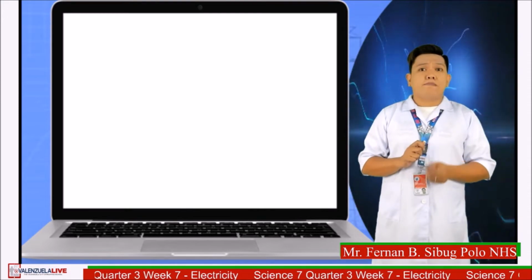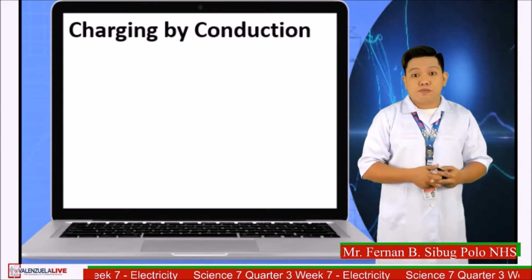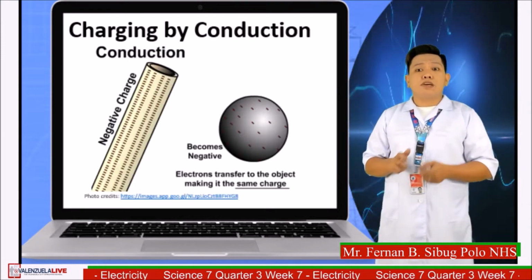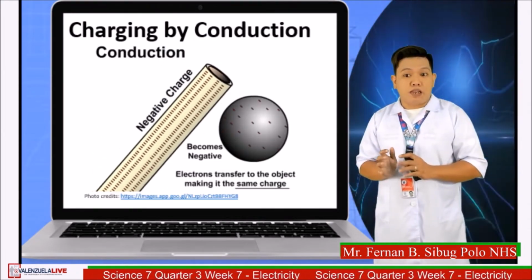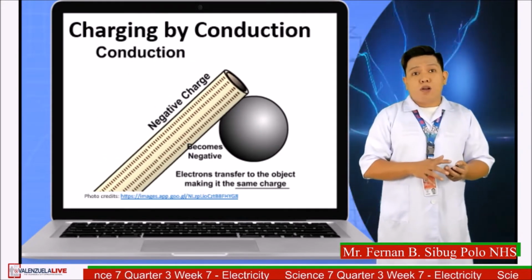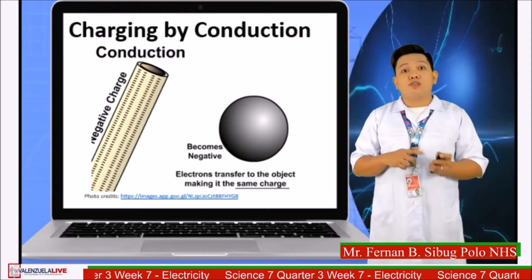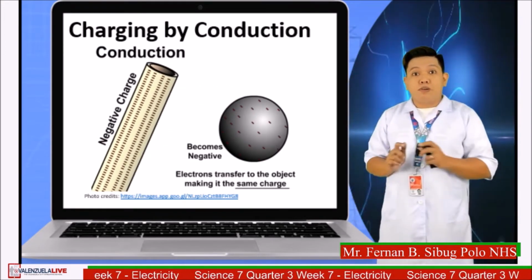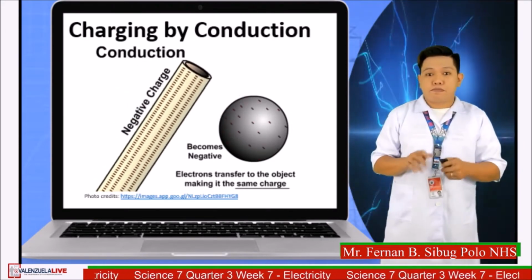The second type of charging process is charging by conduction. This happens when a charged material is in contact with a neutral material. In this example, a negatively charged rod touches a neutral sphere, or a metal sphere to be exact.